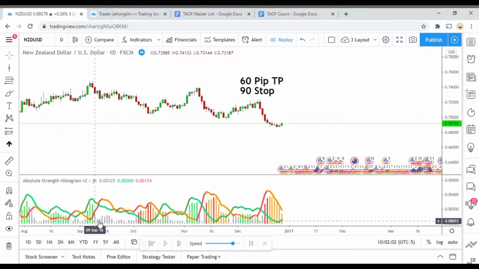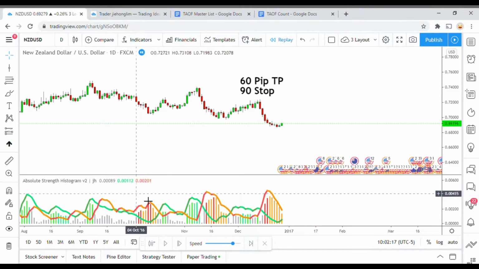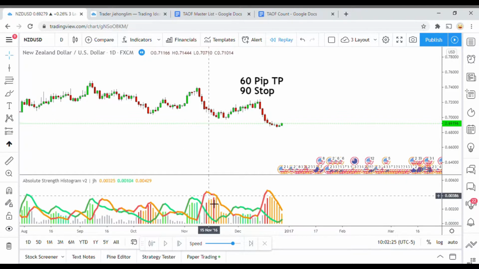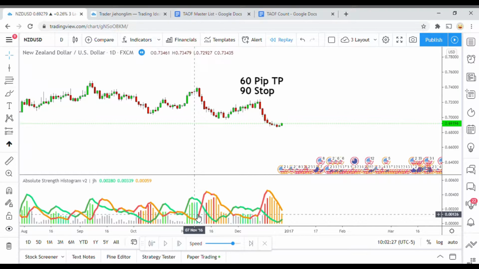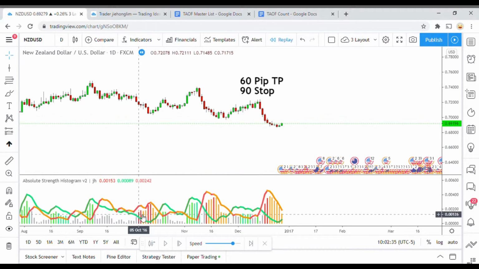And so when the histogram is in what seems to be a ranging market, you have these really small grayed out bars. But then when a significant move with some strength is being made, then you see these spikes in the histogram bars, and they are either red and orange or green and green, I guess. So red basically, or green. And so that would be our signal to go either long or short.